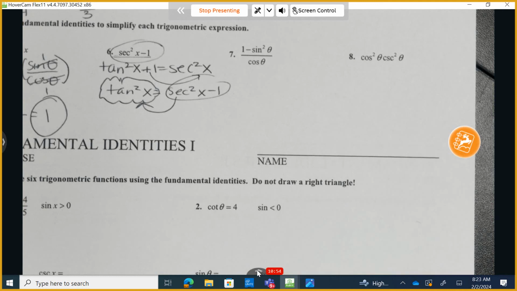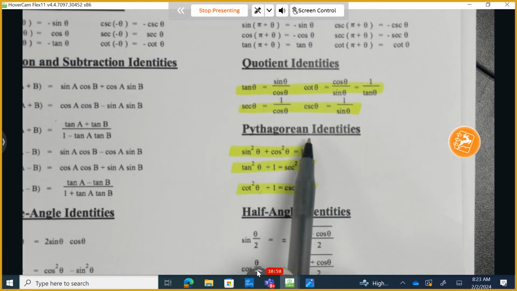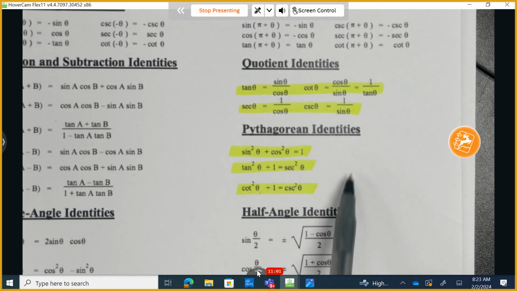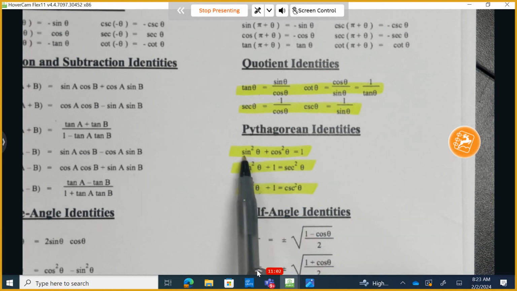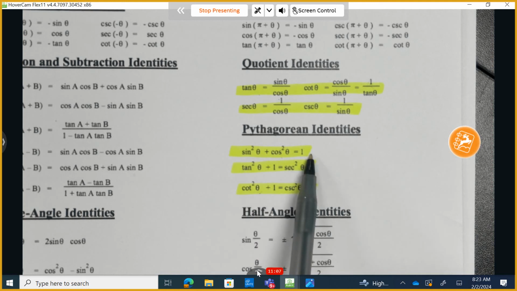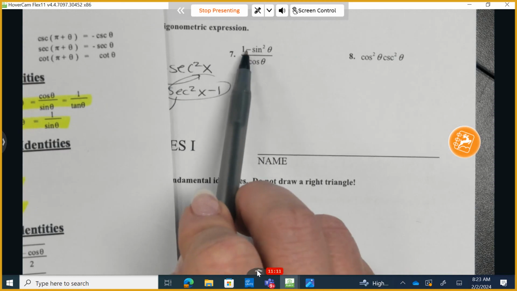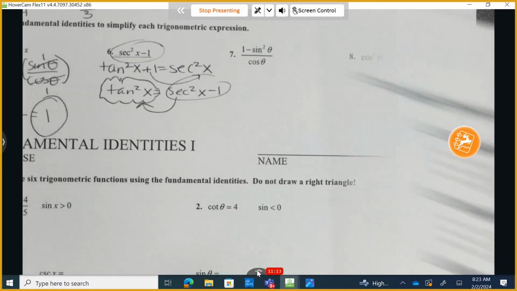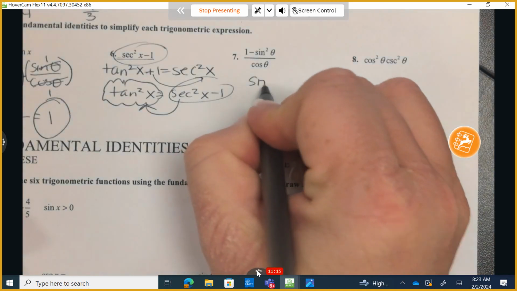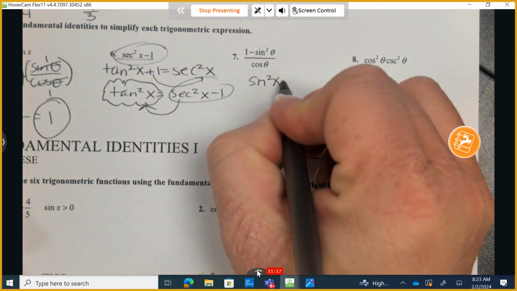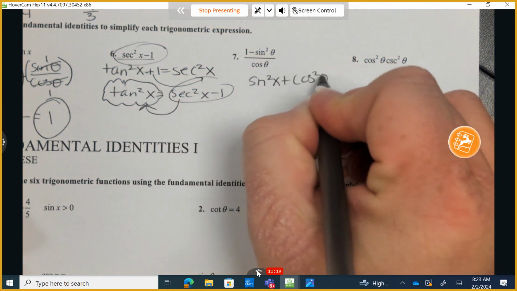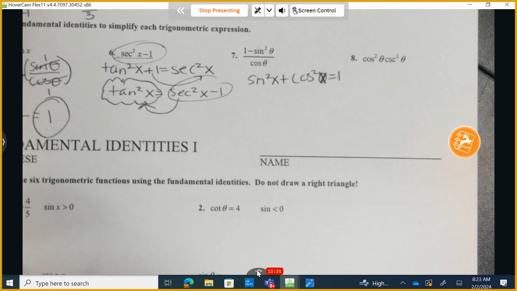That same concept applies to number 7. I'm looking at 1 minus sine squared, and I'm going to analyze the trig identities. I can rewrite the first trig identity: sine squared x plus cosine squared x equals 1.